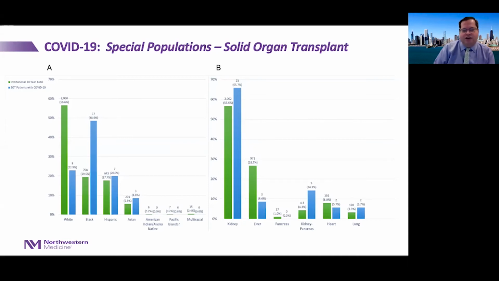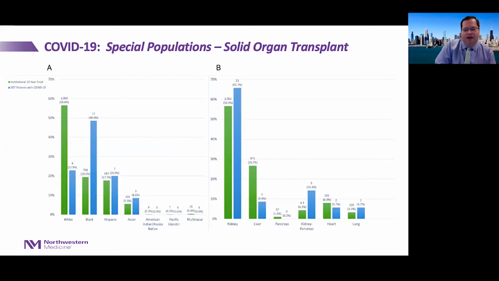And you can see there's an overrepresentation of African Americans and an underrepresentation in Caucasians. Additionally, all of our patients that required ICU level care were non-Caucasians in our population here, again, highlighting that this risk factor may be expanded in the transplant population.